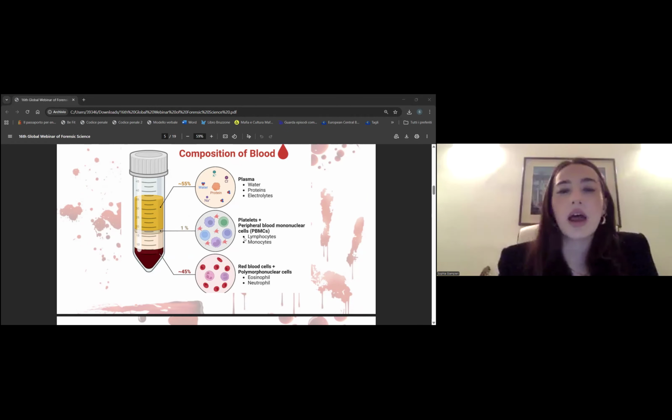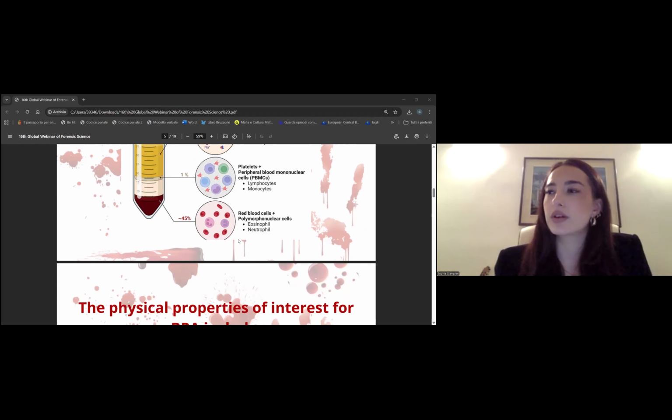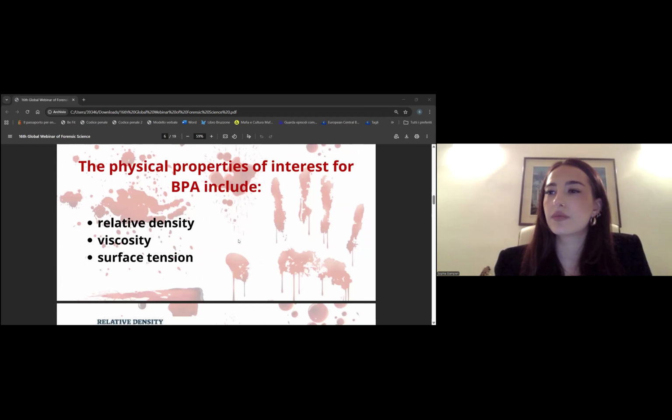And there are relative density, viscosity, and tension, in particular surface tension, these three I mentioned here.